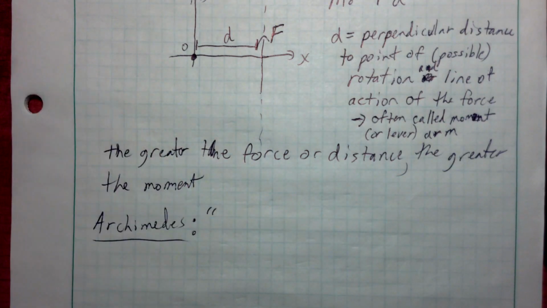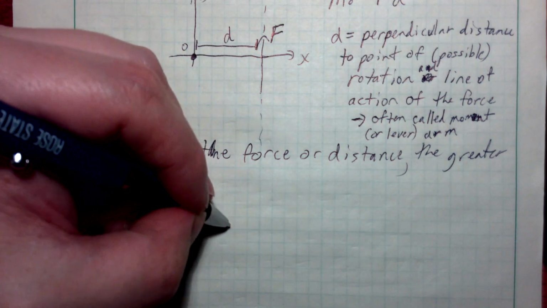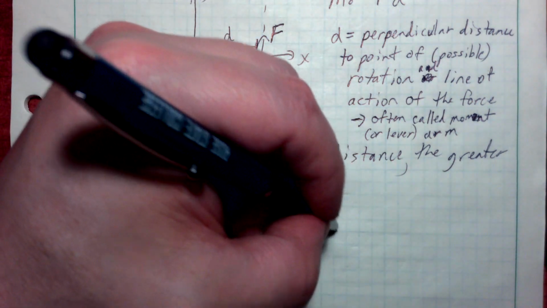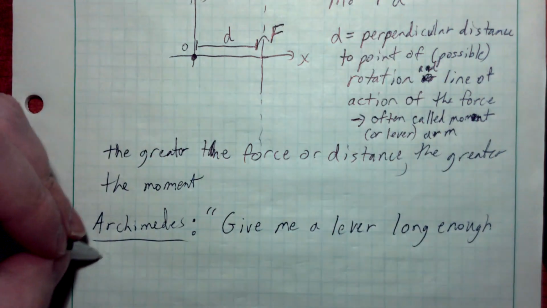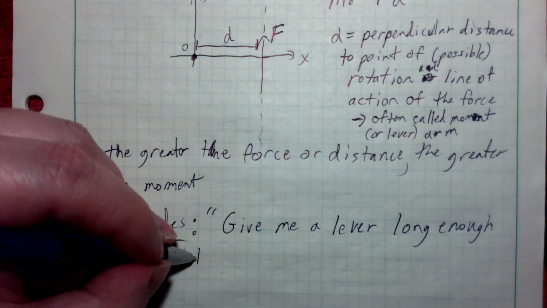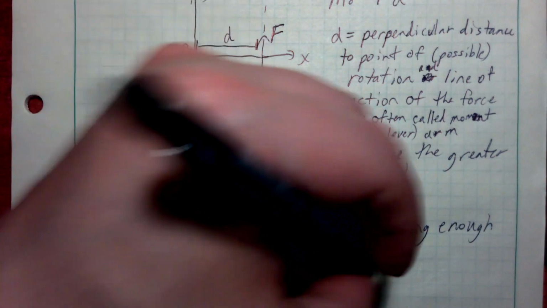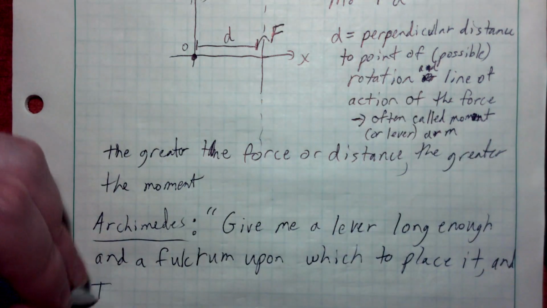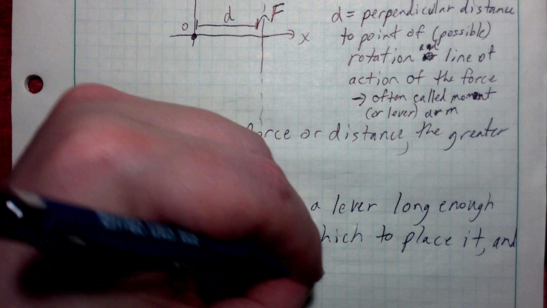Archimedes is credited with a quote, and I don't have it exactly right here, and this is translated from his original language, but he's roughly saying something along the lines of, give me a lever long enough and a fulcrum upon which to place it, and I shall move the world.